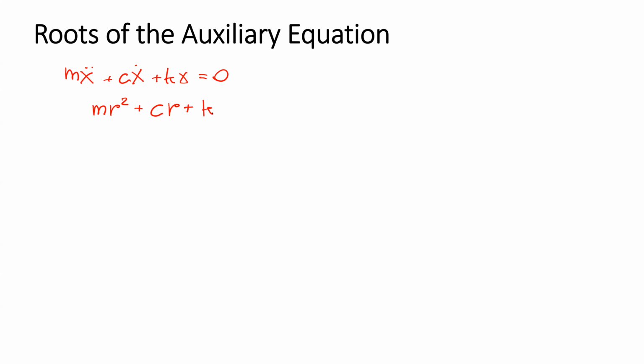So what we need to do is solve this equation using the quadratic root: r equals minus c plus or minus the square root of c squared minus 4mk, divided by 2m.